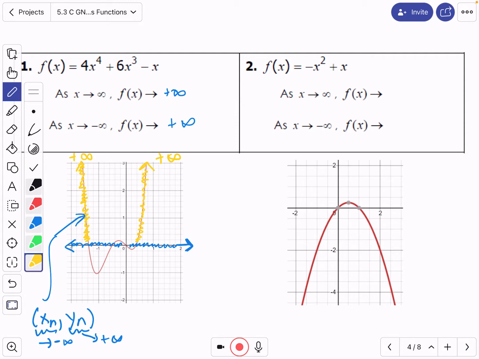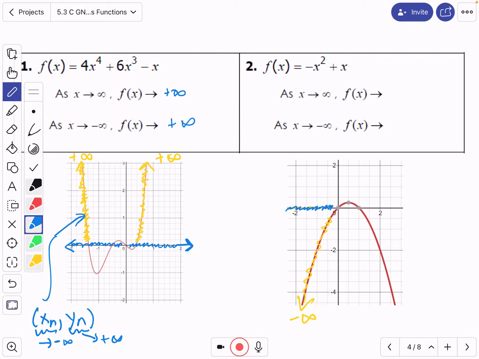So let's look at it for this quadratic. As we put in bigger and bigger negative values, what's happening here is it's headed to minus infinity.